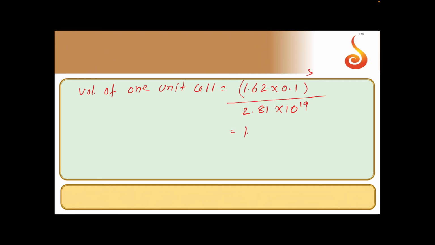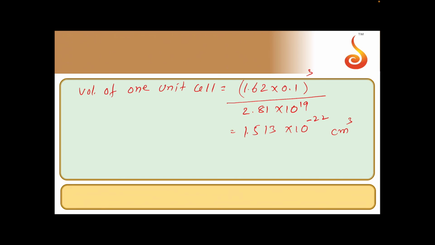On simplification, you will get 1.513 × 10^-22 cubic centimeters as the volume of each unit cell.